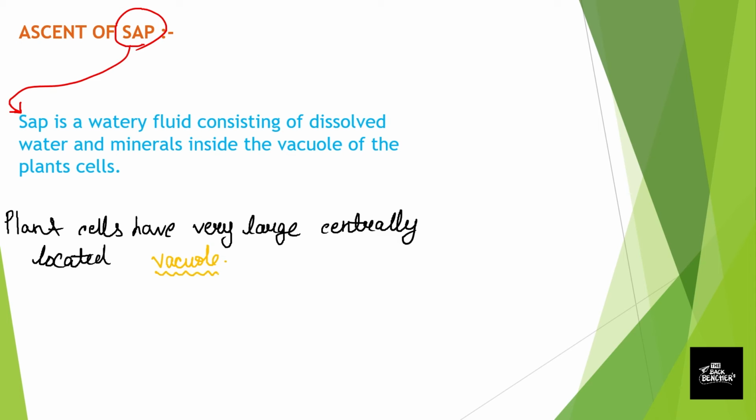It is the vacuole that consists of the dissolved water and minerals. We're going to be seeing that through a diagram. Let me just share the diagram with you all as well.